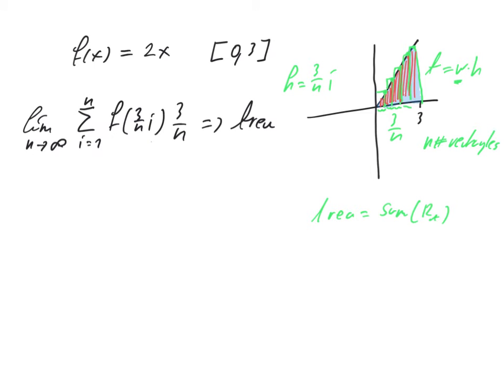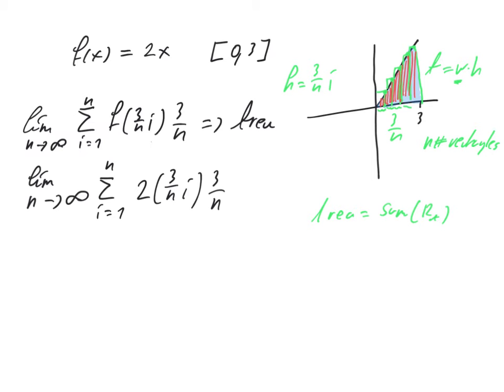Okay, so the first thing we should actually do is replace this function here with our actual function up here. Because right now, we just have a placeholder. So we just want to replace the 3 over n times i with the x. So in this case, we have 2 times 3 over n times i, and then the 3 over n that already was there stays there.